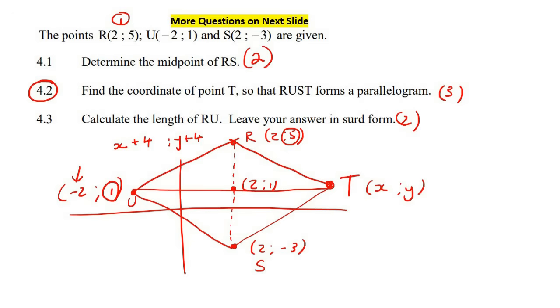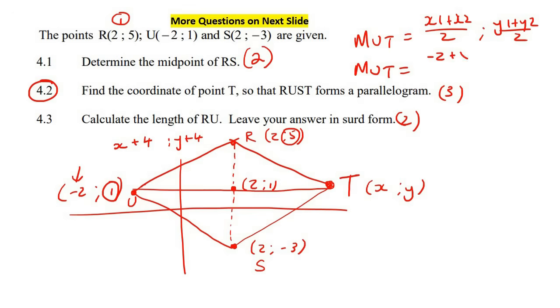Then you could use the midpoint formula for UT: x1 plus x2 over 2, y1 plus y2 over 2. So the midpoint would be negative 2 plus x over 2, and the y would be 1 plus y over 2. But we know what the midpoint answer is. For the x values, it should be equal to 2, so minus 2 plus x divided by 2 is equal to 2. And for the y values, that's equal to 1.